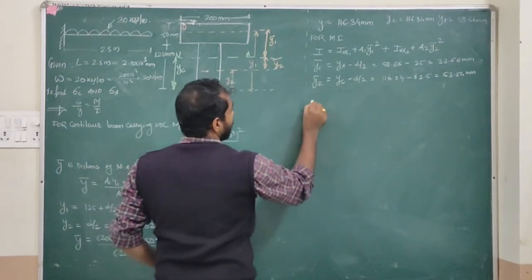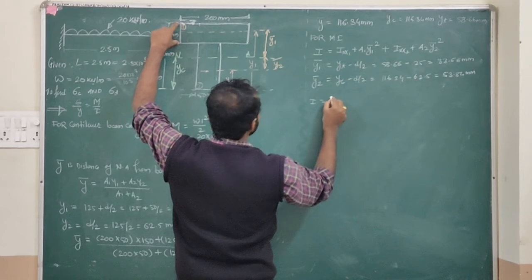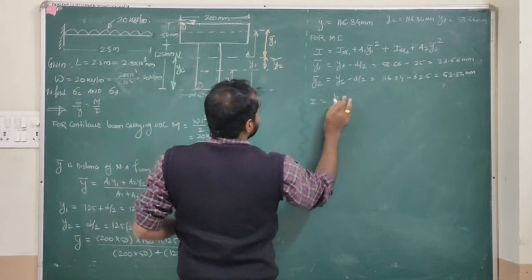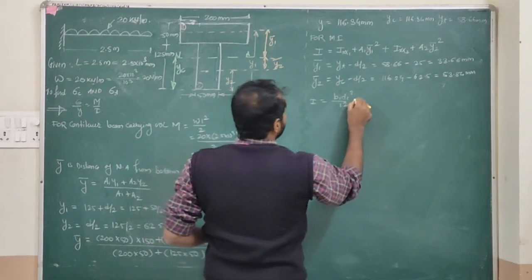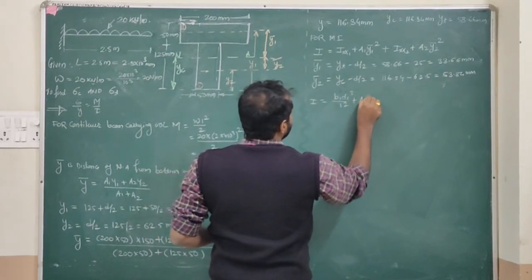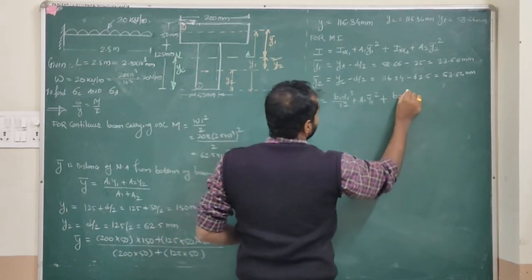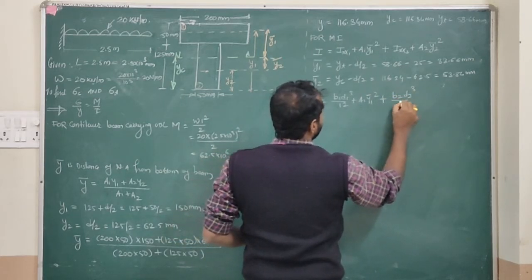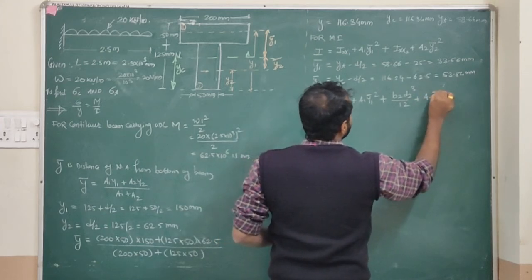Now I is equal to, for the first case, this is our rectangle, so b1 d1 cube by 12 plus a1 y1 bar square. For the second, it is b2 d2 cube by 12 plus a2 y2 bar square.